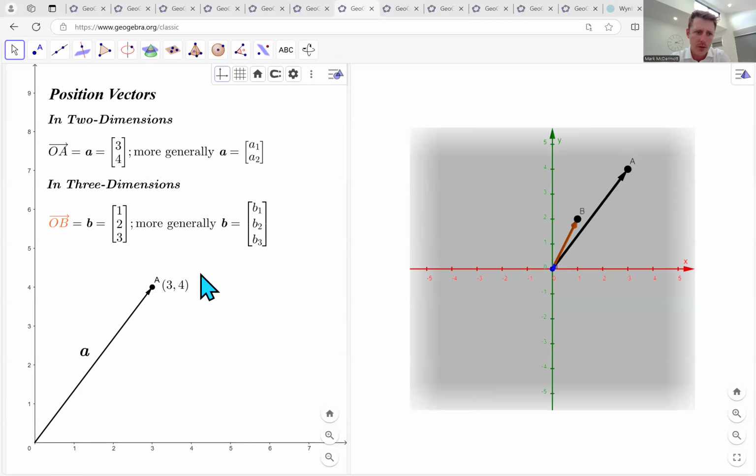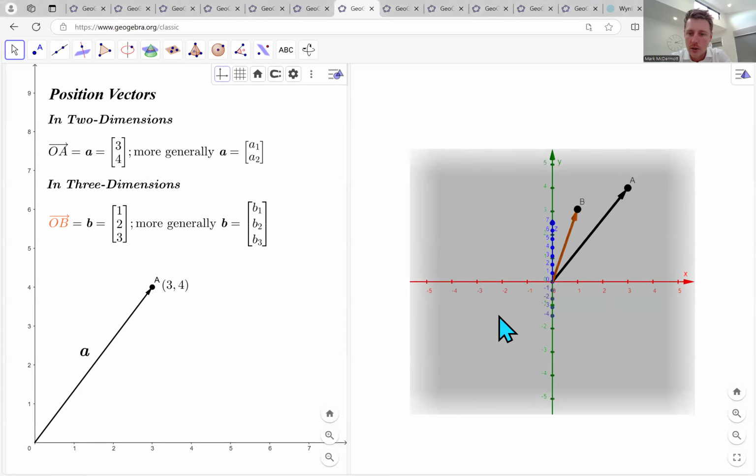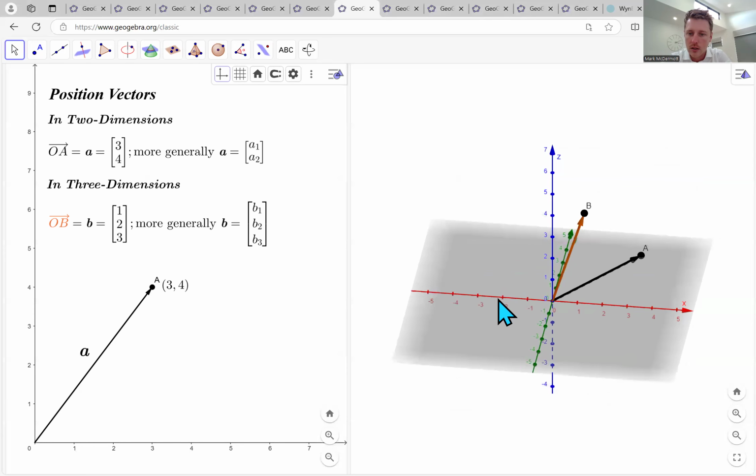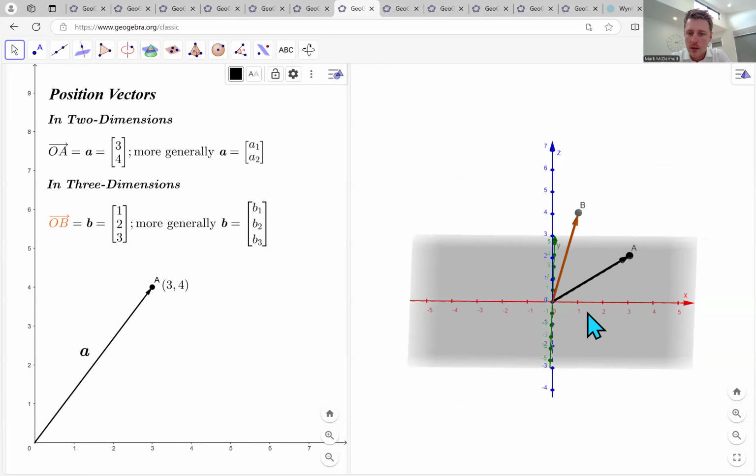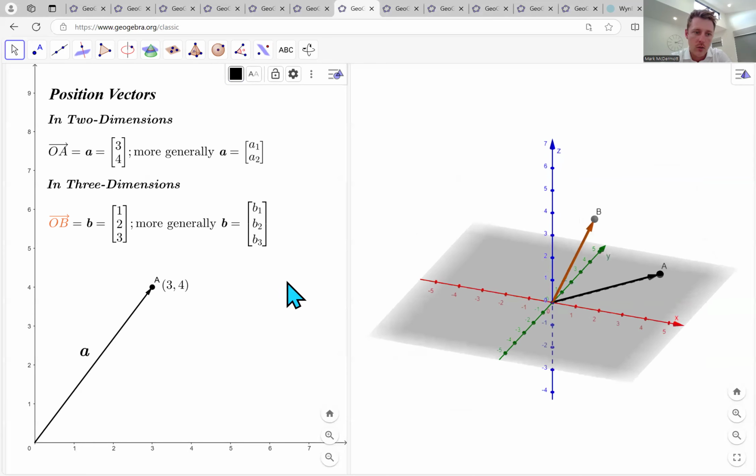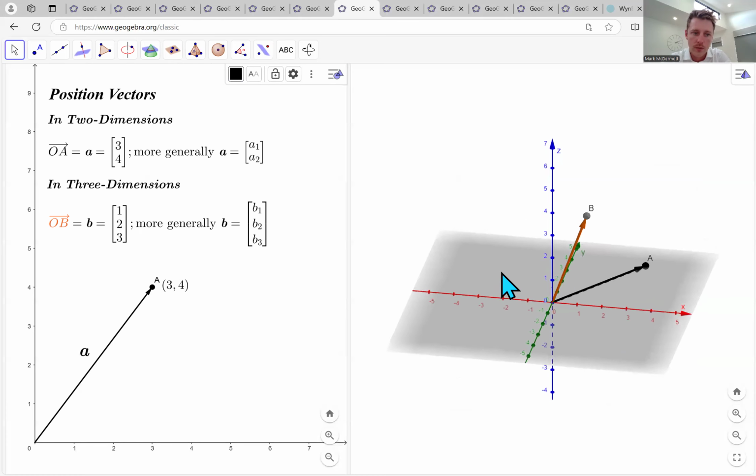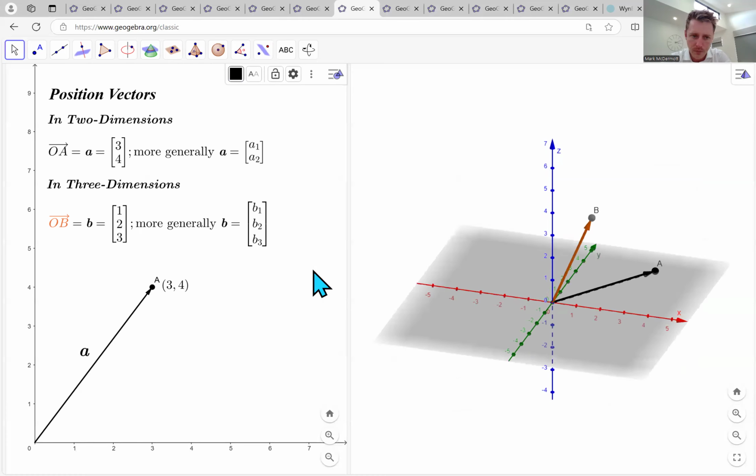Okay, now in 3 dimensions, let's consider some point in 3-dimensional space. The point is going to have an x coordinate of 1, a y coordinate of 2, and a z coordinate of 3. If we come into 3-dimensional space, you can see that this point B has an x coordinate of 1, a y coordinate of 2, and a z coordinate of 3.